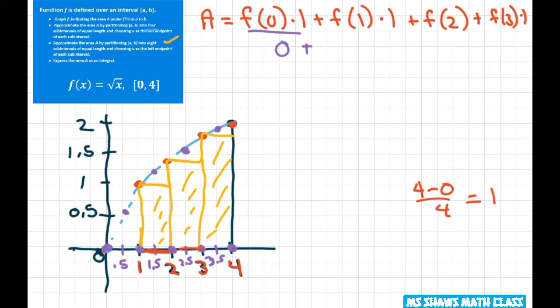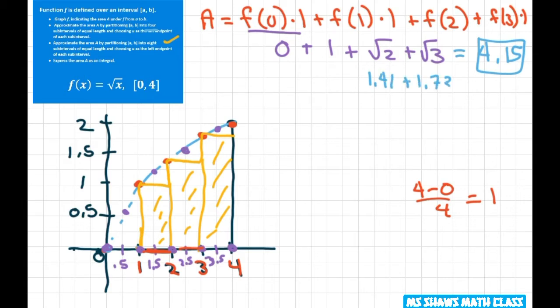F of 1 is just 1, sorry. Plus f of 2 is square root of 2, plus square root of 3. That's going to equal approximately 4.15. Remember, square root of 2 is about 1.41 and square root of 3 is about 1.73. It's kind of good to know these when you're doing it.